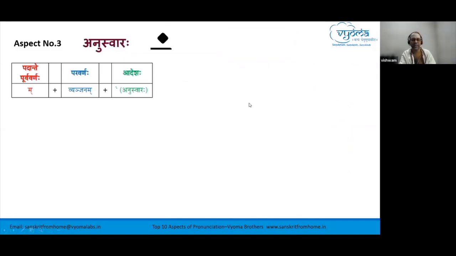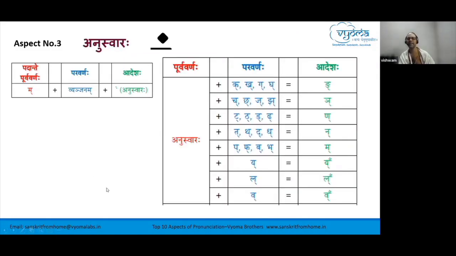Quickly, we will just summarize in one single chart. This summarizes everything. When ma with the stroke is followed by a consonant or vyanjanam, it remains as Anuswara. We don't write ma with the stroke. That is the aham vande, ramam vande and all we saw.